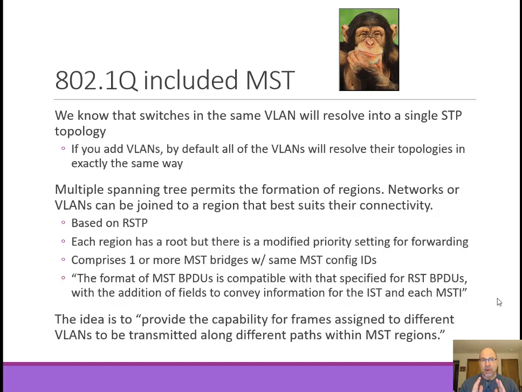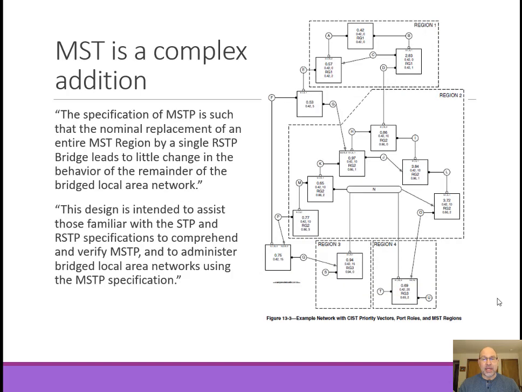It just modifies the available fields there. The idea is that you want to be able to set up the regions but still be compatible with switches that are not doing MST. So the border of the region is going to be compatible with whatever else is out there. And you want the regions to be able to talk to each other as well. But it's a complex addition. You have to sort of wrap your head around it.